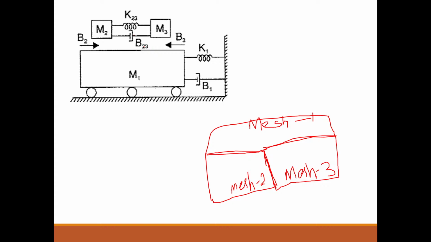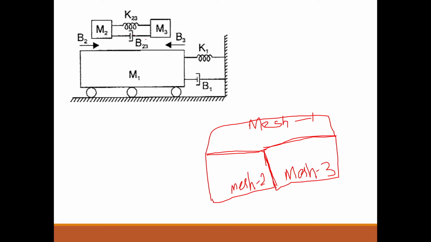So in between mesh 2 and mesh 3, what is there?